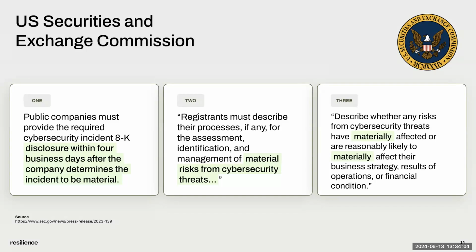When asked about this, the SEC chairman, Gary Gensler, said, "Whether a company loses a factory in a fire or millions of files in a cybersecurity incident, it may be material to investors. Currently, many public companies provide cybersecurity disclosure to investors.